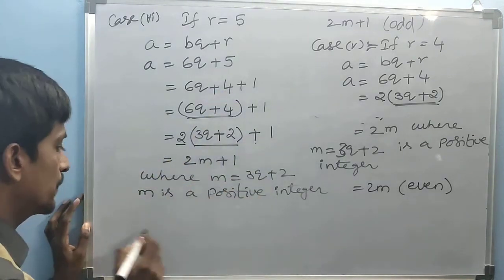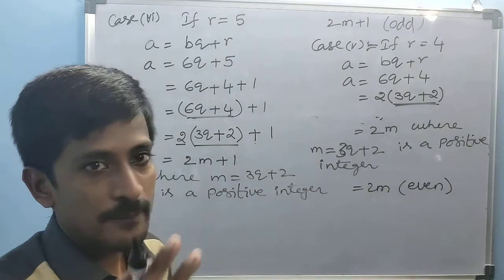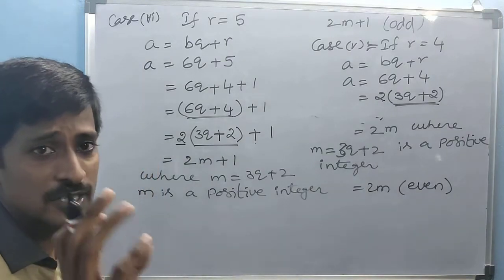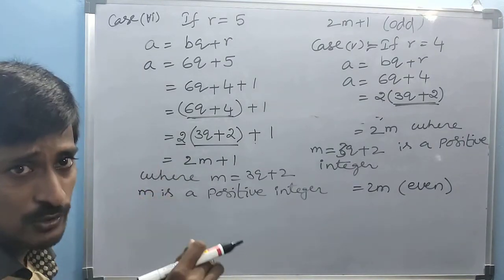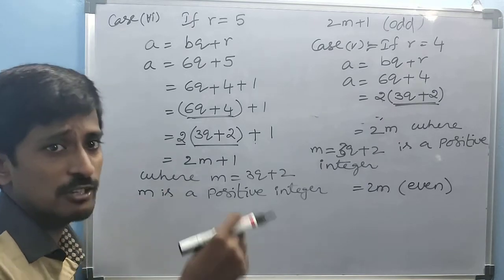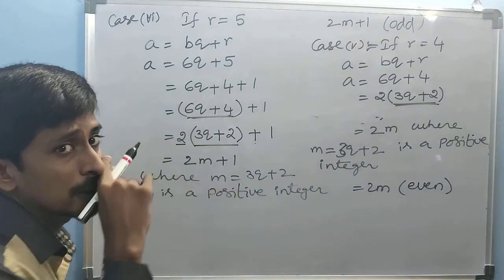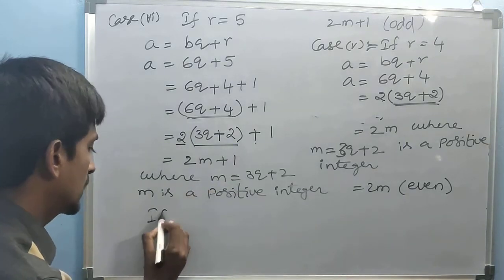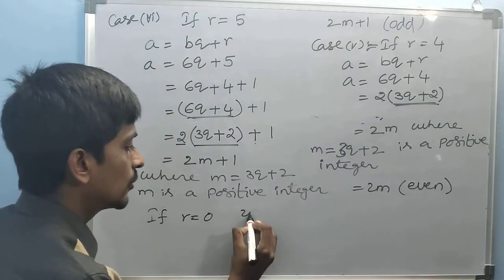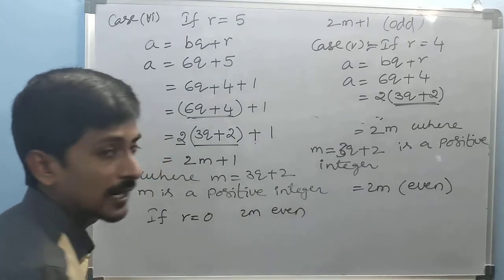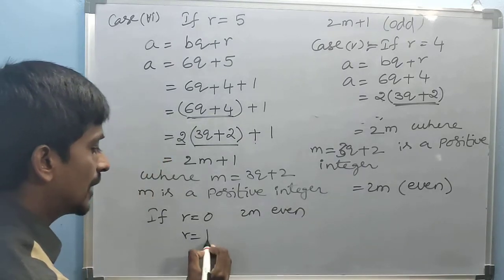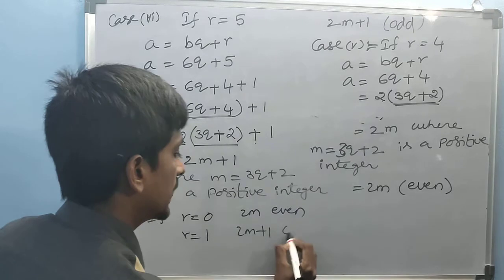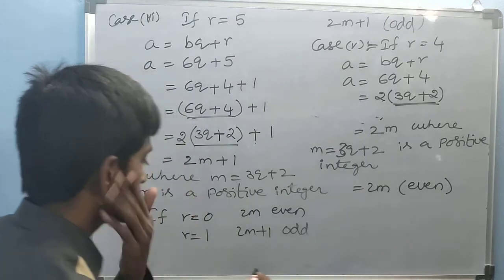Now case 1. r equals 0 taken: 6q plus 0. 6q is of the form 2 into something, the 2m form. So if r equals 0, it is the 2m form, an even number. If r equals 1, it is 2m plus 1, the odd form.